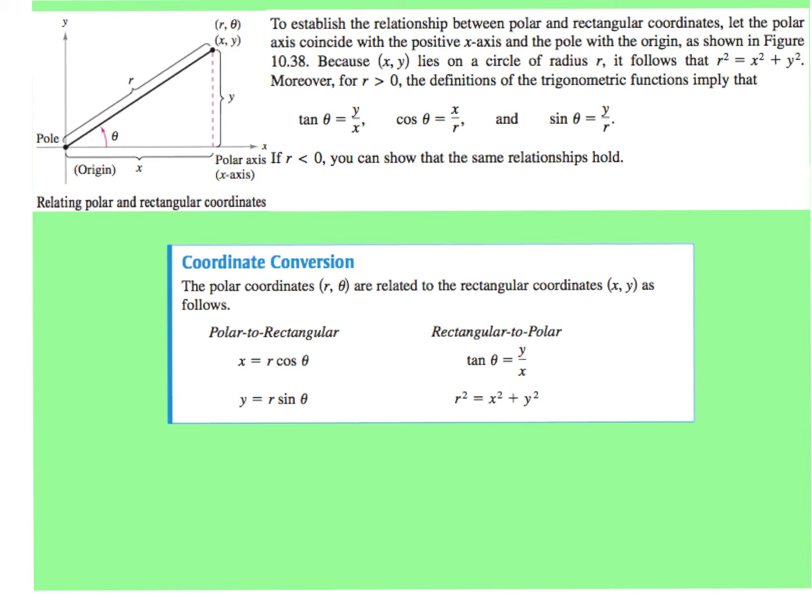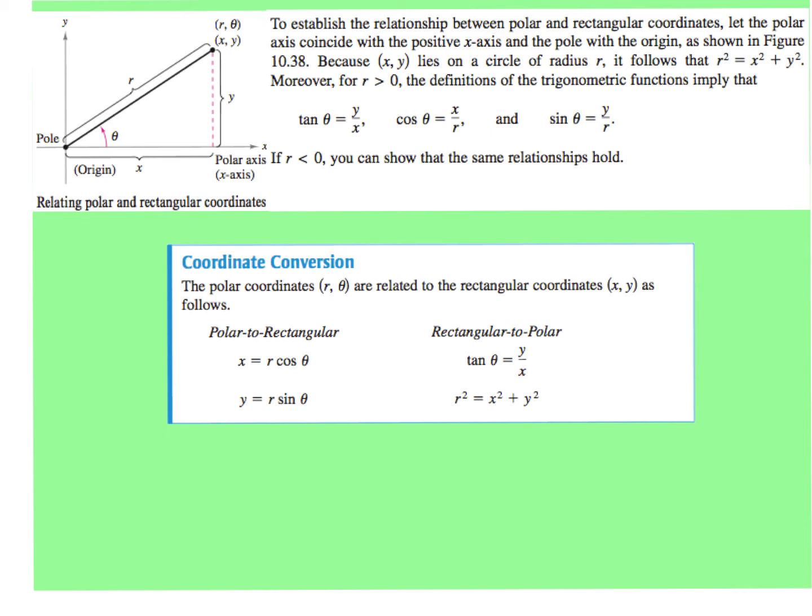And then how did I want you to think of cosine? X. So cosine is still x, but now it's x over r. Okay? Because it's not over 1 anymore, it's over something different. It could be 1 still, but it's not always going to be 1. So this is how these are thought of. How do you think of tangent still? Y over x. So it all goes back to that unit circle or this triangle necessarily.